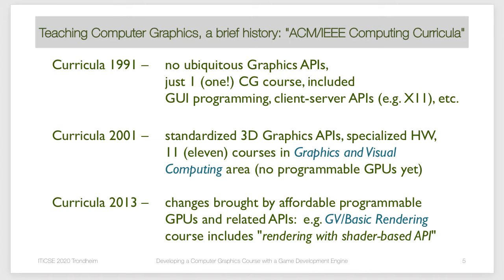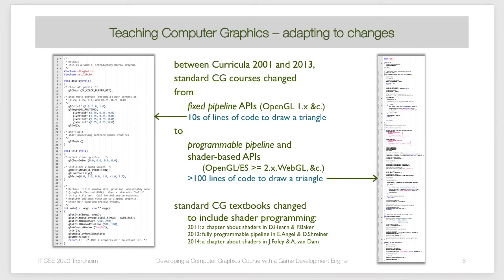All that changed between 2001 and 2013, where affordable programmable GPUs and related APIs caused classes to change. And the basic rendering class, according to Curricula 2013, included rendering with a shader-based API. This is how we changed from 2001, what you see on the right, to 2013, what you see on the left.